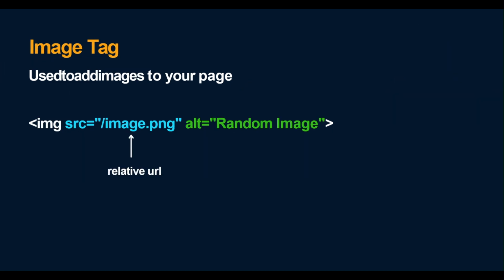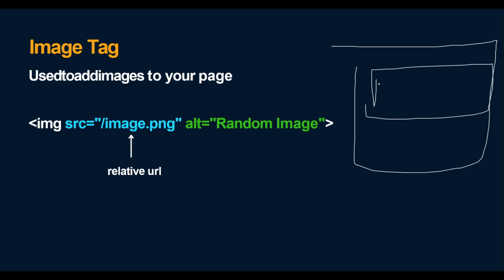Suppose this is my web page and I want to display an image of my profile or an image of anything. For that purpose I use the image tag. Inside the image tag, the attribute is src.